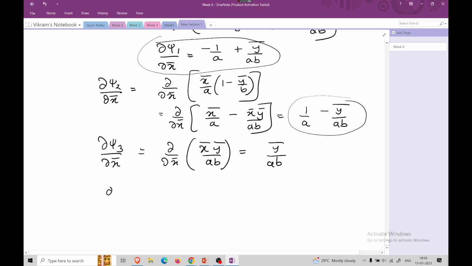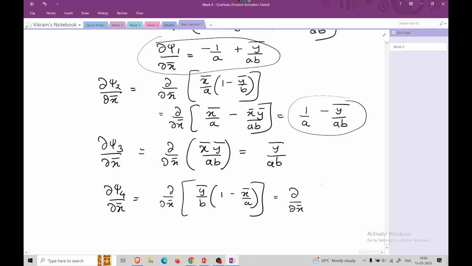Now dou psi 4 by dou x is equal to dou by dou x bar of y bar by b into 1 minus x bar by a. If I expand it, y bar by b minus x bar y bar by ab. The first term will vanish because y is treated as constant, and here the coefficient will be minus y bar by ab.